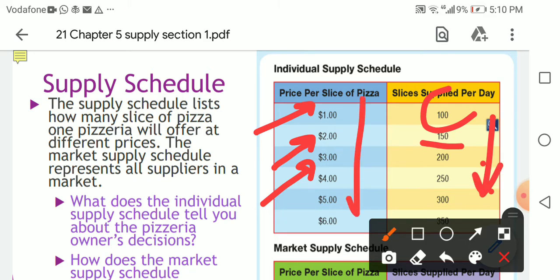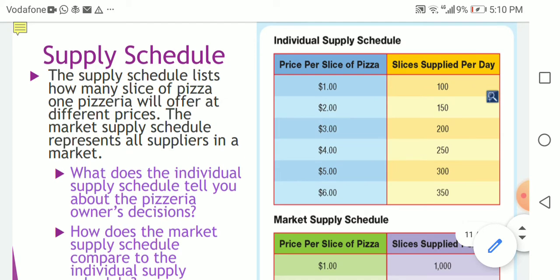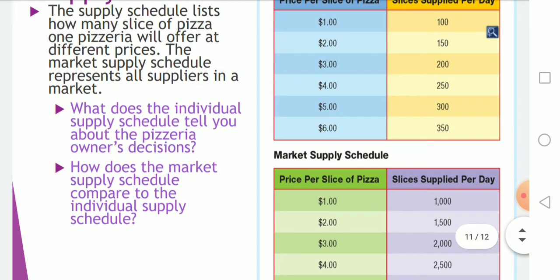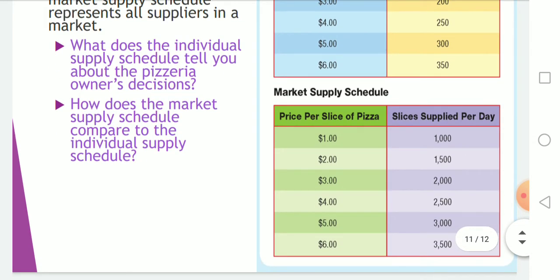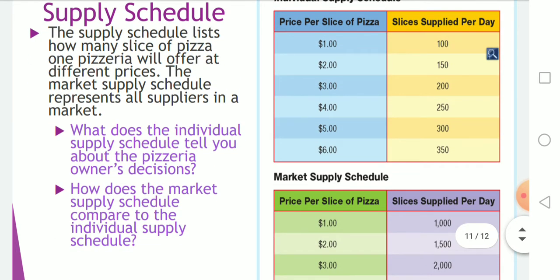So when I increase the price of the pizzas, the slices supplied per day will increase. Okay, so the supply schedule lists how many slices of pizza one pizzeria will offer at different prices. As we see, the market supply schedule represents all suppliers in a market.